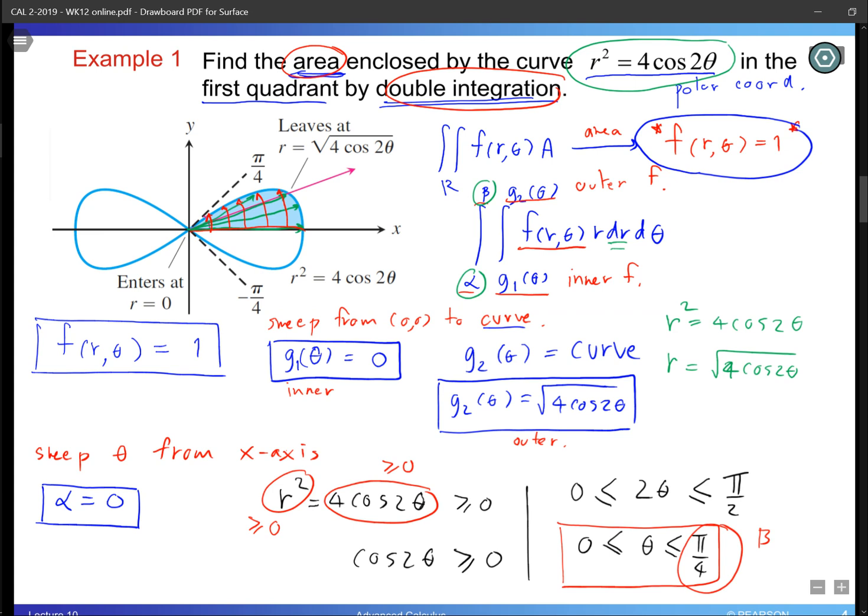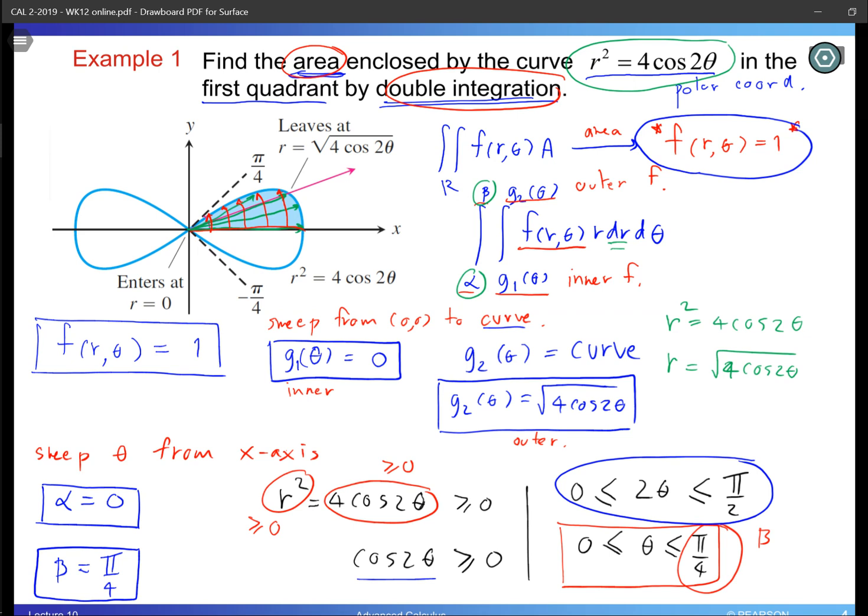Here we have the last term, beta equal to pi over 4. Some of you might be wondering how I get to this. Cosine 2 theta greater than 0. If cosine of any angle is greater than pi over 2, it becomes negative, so this angle 2 theta has to be less than pi over 2. Sorry, I might not make it clear here, but take your time and think about this.